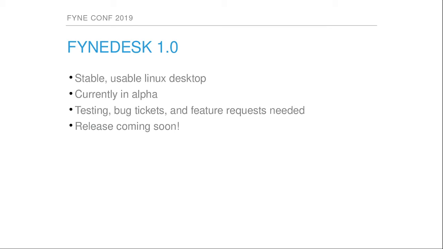Our alpha's there. You can test it, submit feature requests, bug tickets, any of that kind of stuff as needed. The more eyes, the better. The more hands-on, the better. And once we get through that testing phase and through the alpha, we'll have a release coming soon. And that'll be FyneDesk 1.0, and likely will coincide with Fyne 1.2.